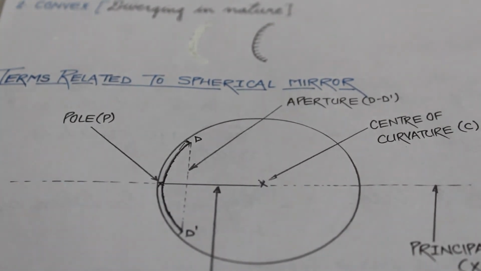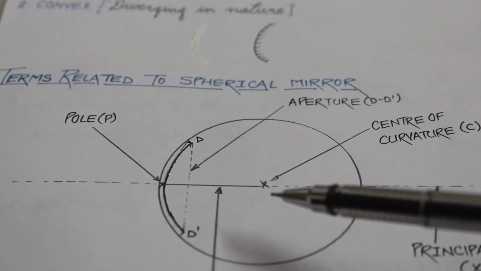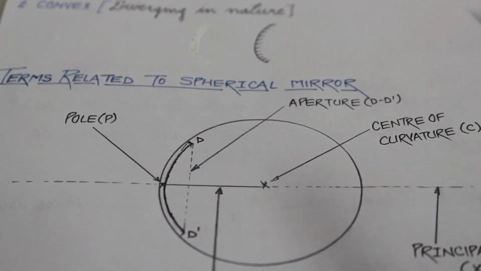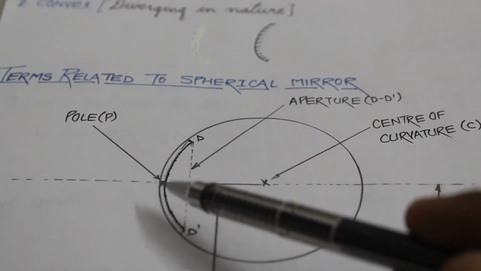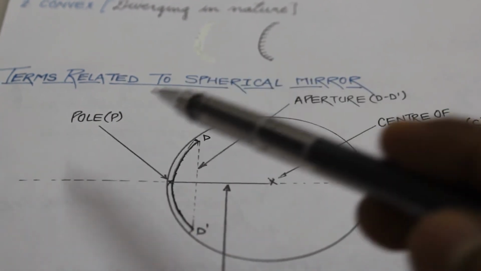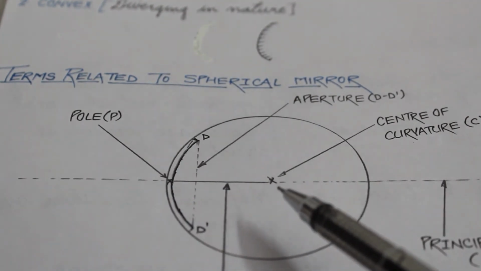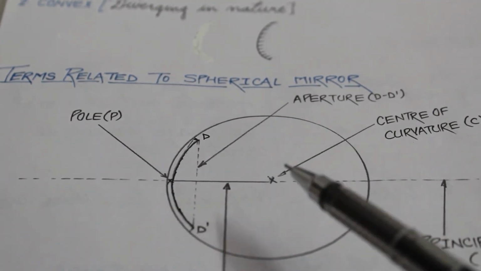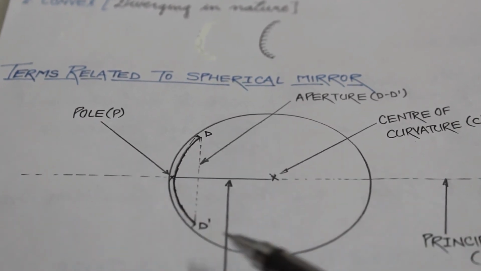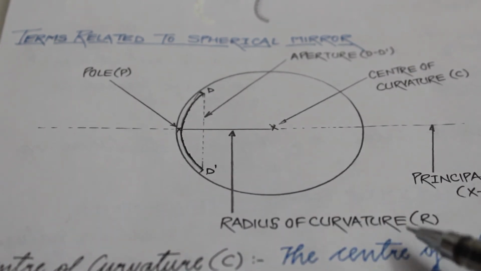So what are the related terms? As the sphere must have some center, that center is known as the center of curvature. Similarly, the center of the reflecting surface of the mirror is known as the pole. The distance between the center of curvature and the pole, or you can say the radius of this spherical glass, is known as the radius of curvature.